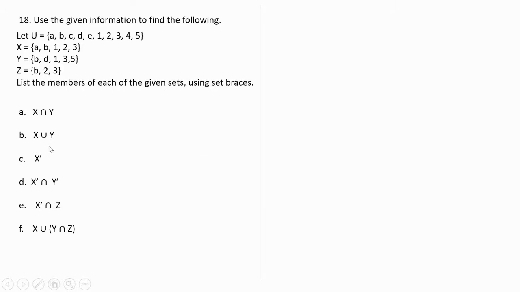Okay, now guys, this is a strategy here. Since we're using the complement of X and the complement of Y, let's find all of these first. So if X equals A, B, 1, 2, 3, the complement means not, or not X. So we go to the universal set. The complement of X is not X, which means it's not A, not B, not 1, not 2, not 3, and that's what's left.